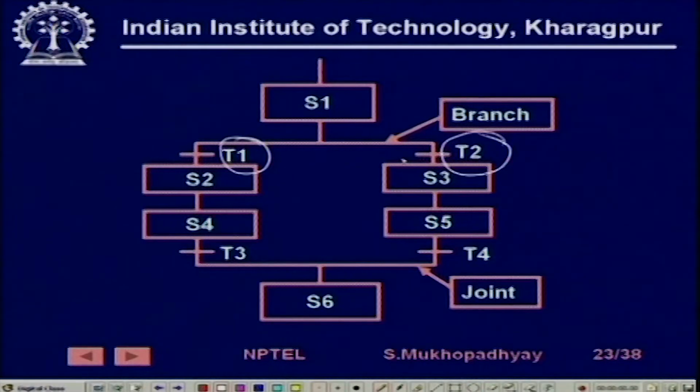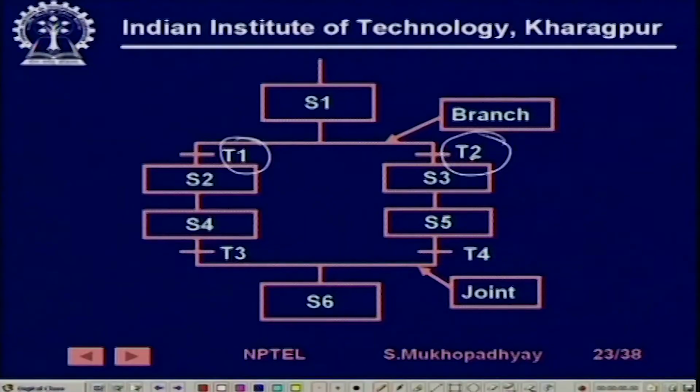While it could conceivably also happen that in a given scan, T1 and T2 both become true. In that case you have to resolve, because both transitions cannot take place simultaneously. So, there is a convention that the leftmost transition actually takes place.